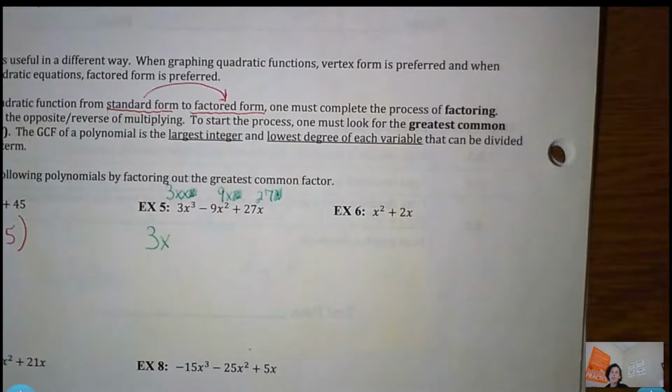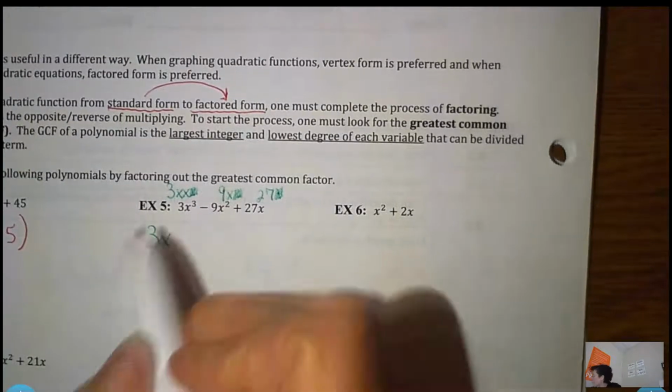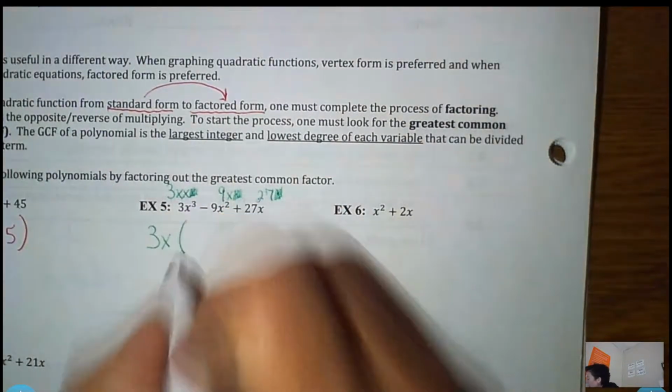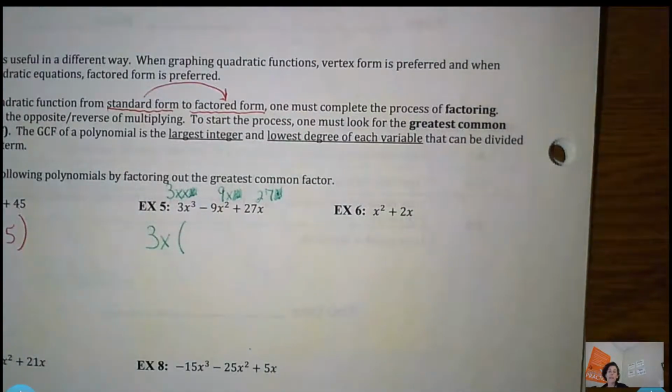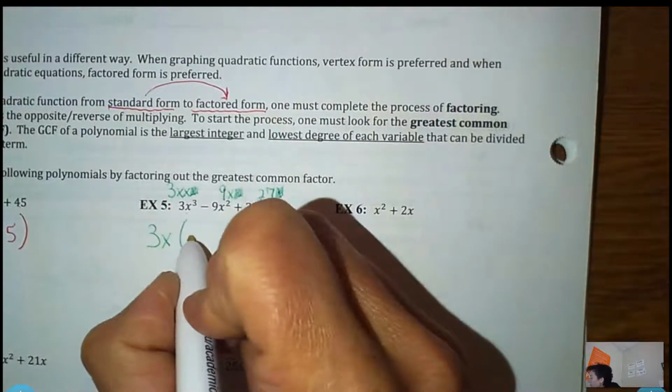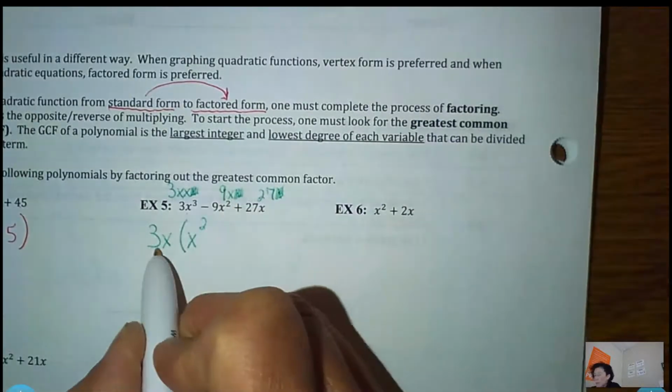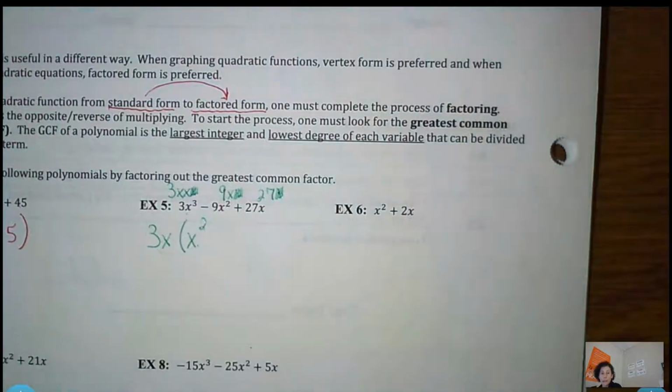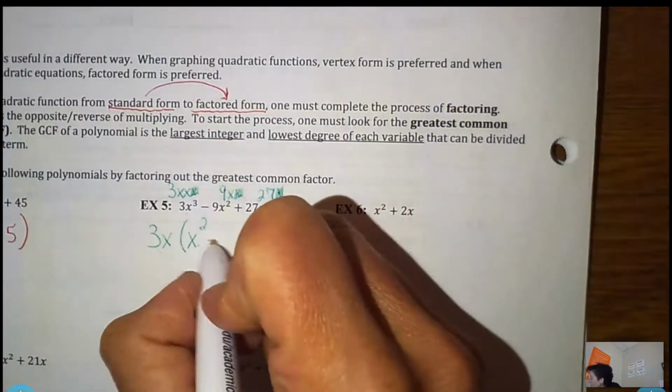So essentially, we're just subtracting the exponents out. So I'm going to factor out a 3x. And again, when we factor, we are seeing what neighbor meets what neighbor to make this. So if you divide this by 3x, you're still left with x squared, because when this distributes back in, you get 3x cubed. Here comes the minus sign.